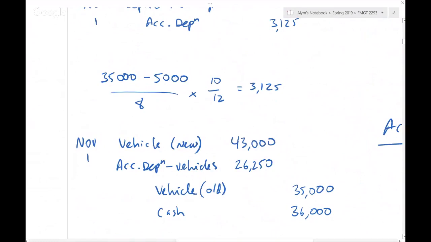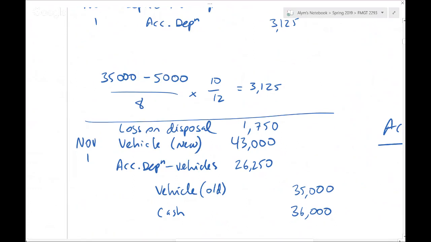We debit our accumulated depreciation for $26,250. We credit the old vehicle for $35,000. We credit cash for $36,000. And if we look, our debits don't equal our credits here. And what we're missing is a loss on trade-in or a loss on disposal. And the difference between our debits and credits is $1,750.